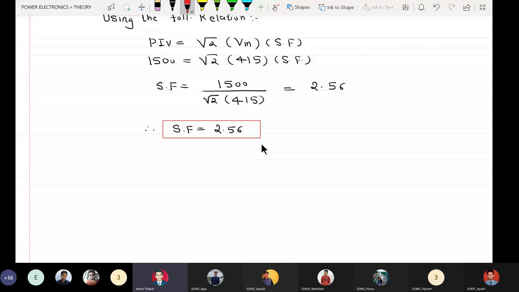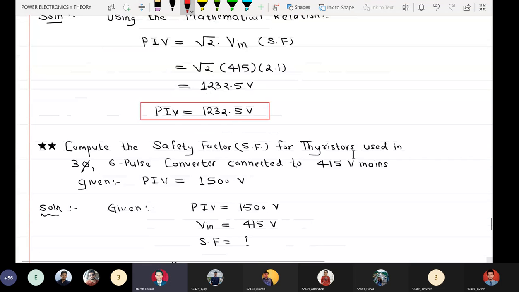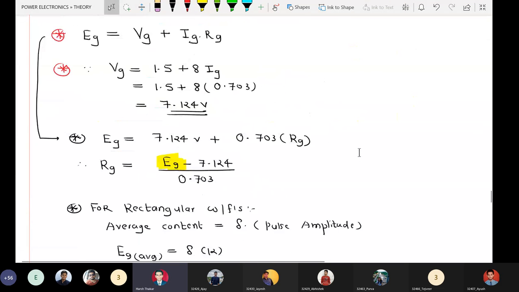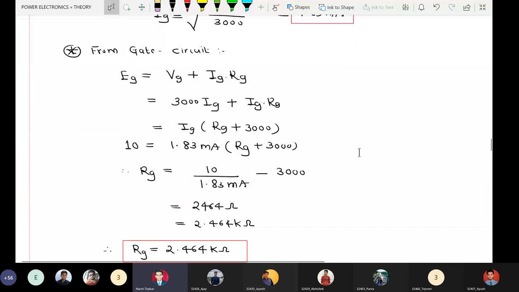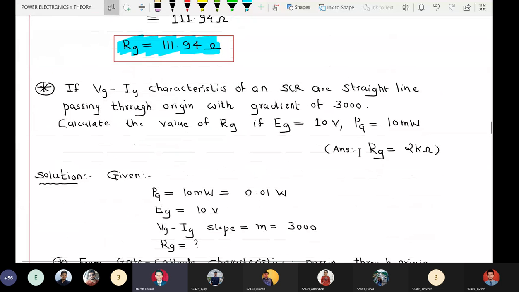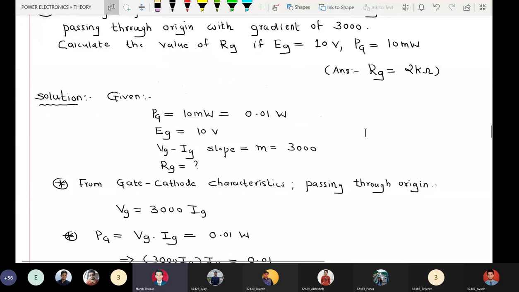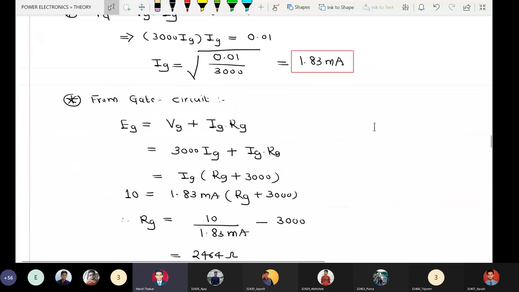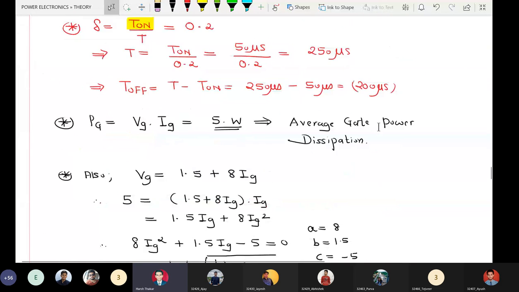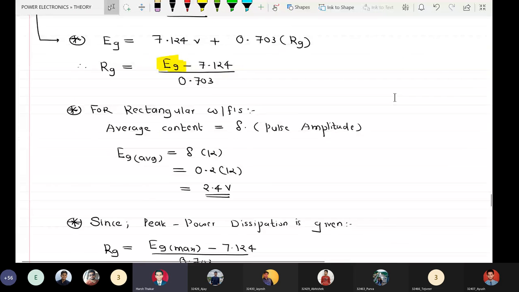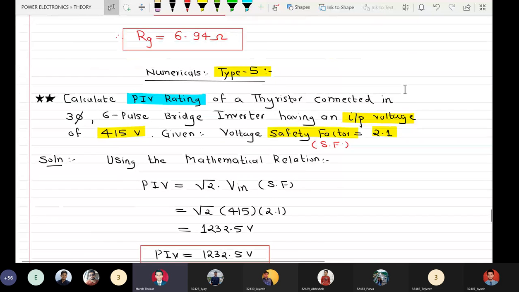Okay. Okay, so we have solved 3 numericals today. 2 numericals on type 4 and we have solved 1 numerical on type 5. So this relationship is important.